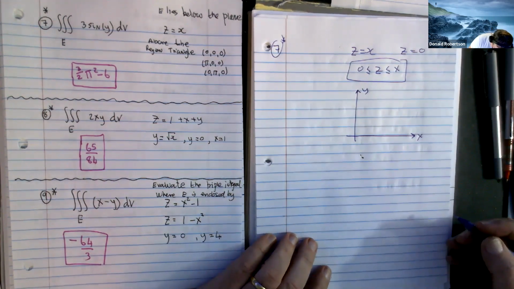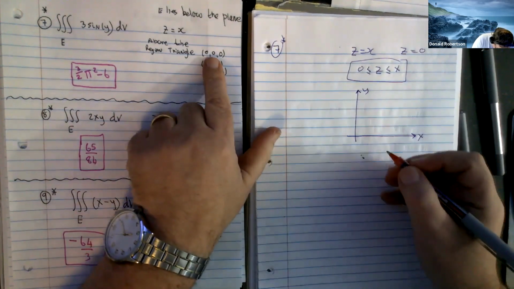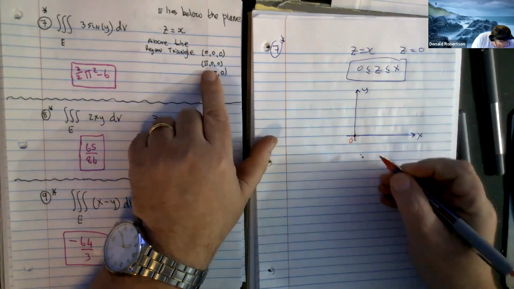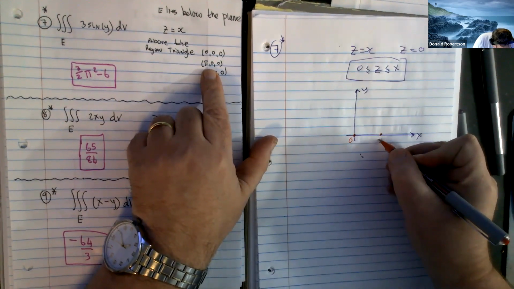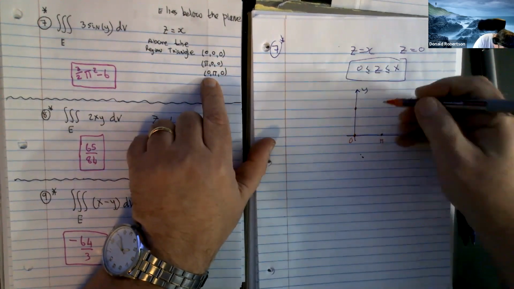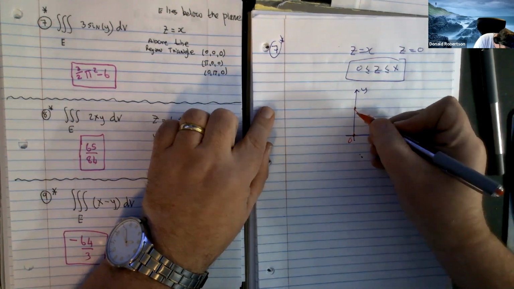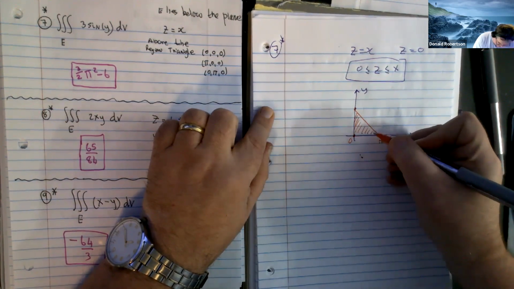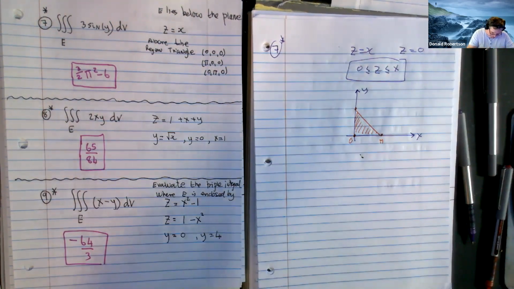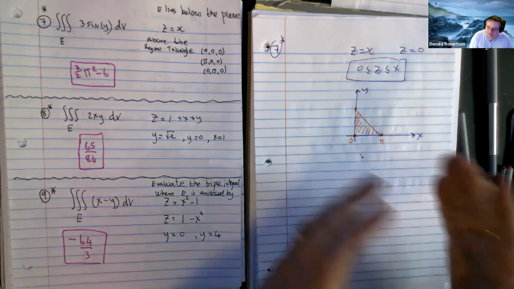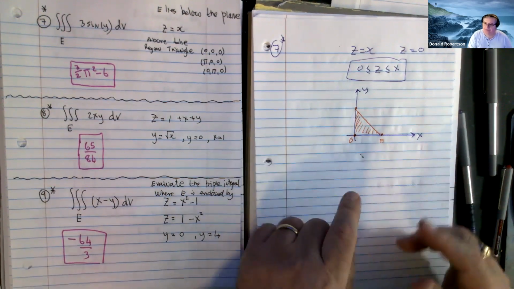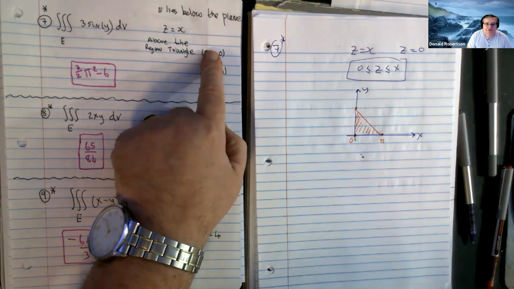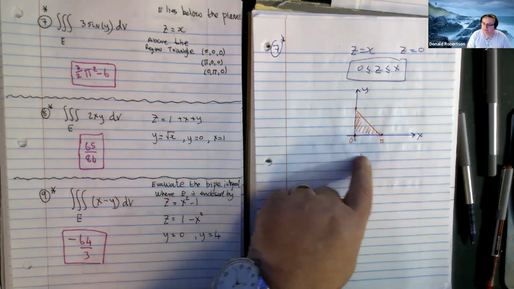And so I'm going to go for that. So that's the origin. That's pi comma 0. And that's 0 comma pi. And this guy is the piece of the solid that's on the ground, on the xy plane. It's built from this triangle. So we join them together on the floor.